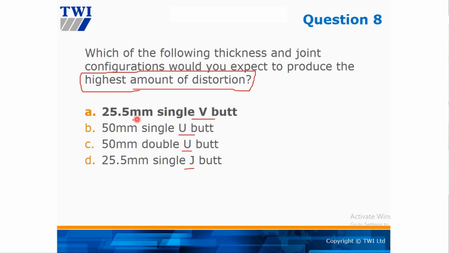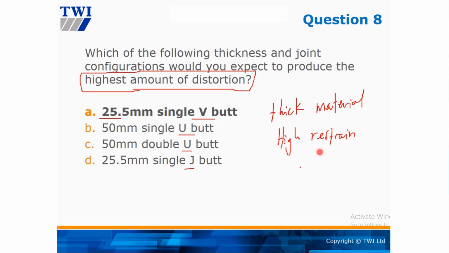How about the thickness? Remember, the thicker the material, the more restrained. So you got thick material, meaning you got high restraint.